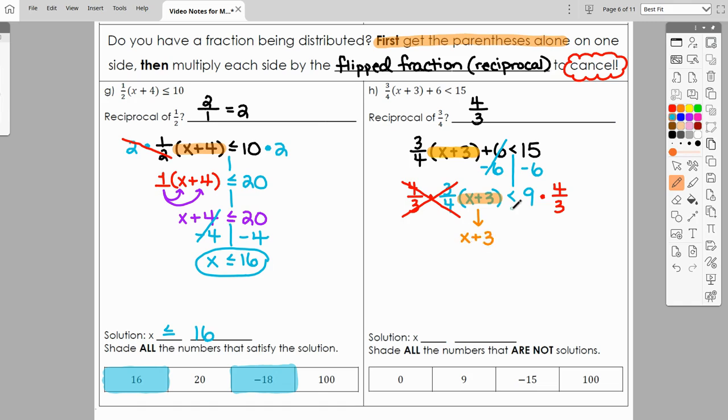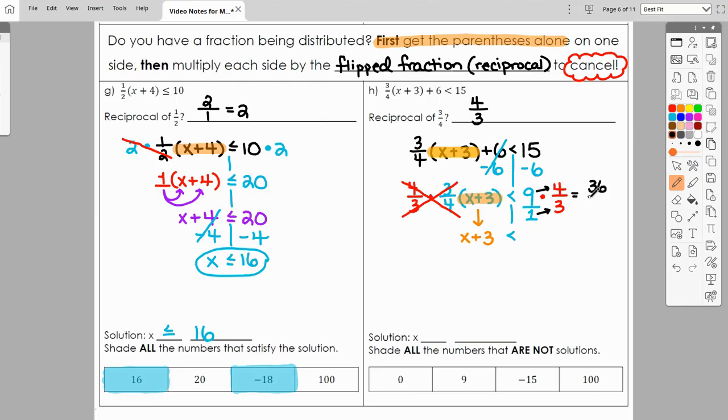On the right side, a little bit of fraction math, but here's how I do it. I make sure to put 9 over 1. That way I make it a fraction. This way I'm multiplying a fraction to a fraction, and I know I can just multiply the two numbers in the numerator. 9 times 4 makes 36.